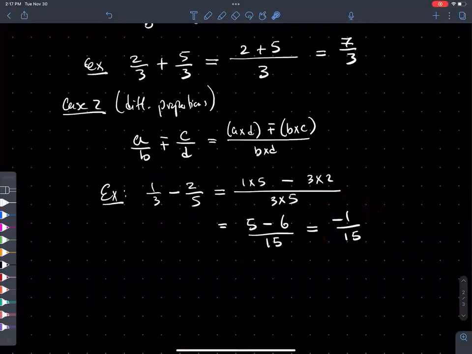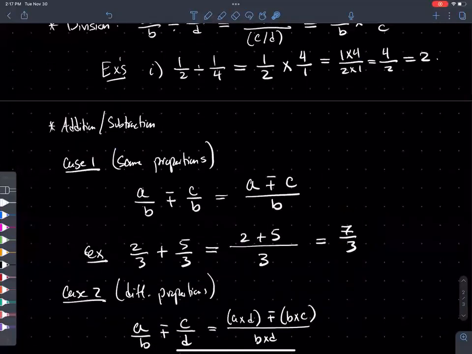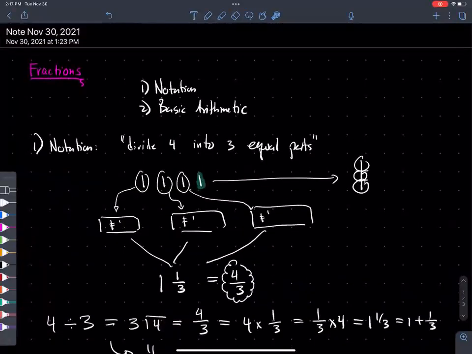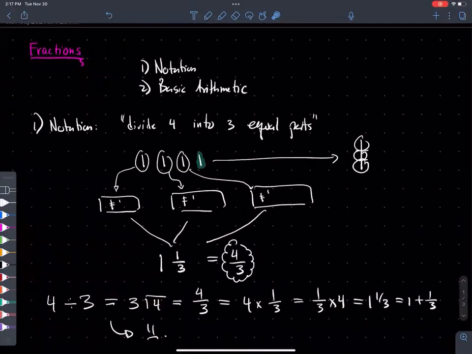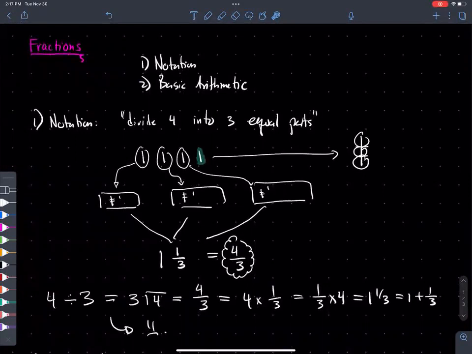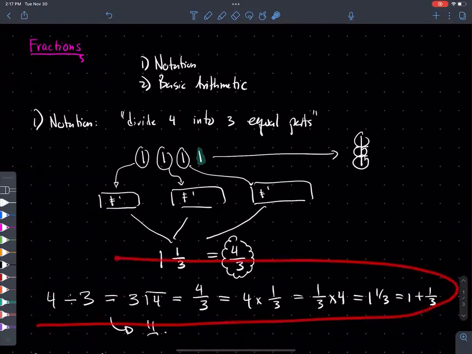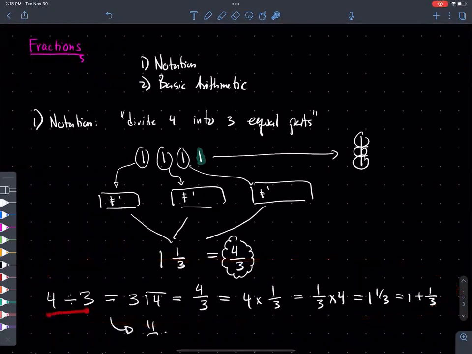All right, so as a sum up, I'm gonna go upward and travel through the things that we said. Today's video was on fractions. We have different notations for denoting the same fraction: 4 divided by 3, how many times 3 fits into 4, 4/3, and 1 1/3, or 1 plus 1/3.